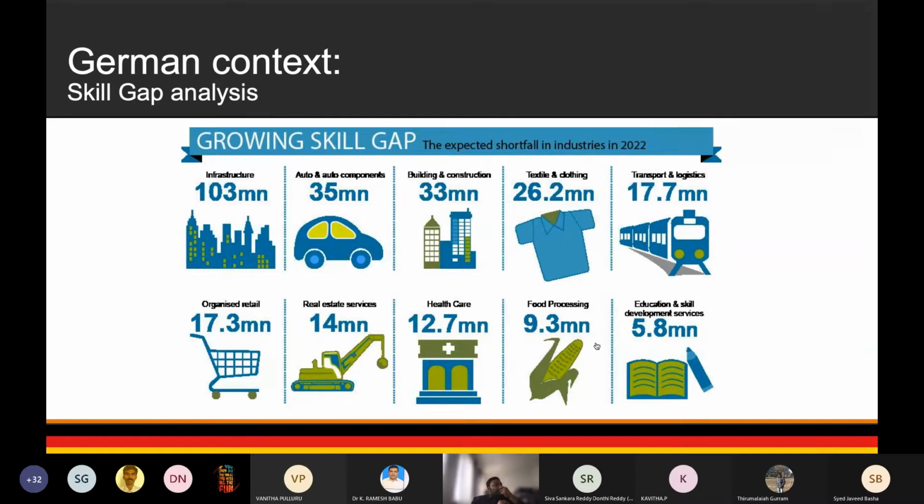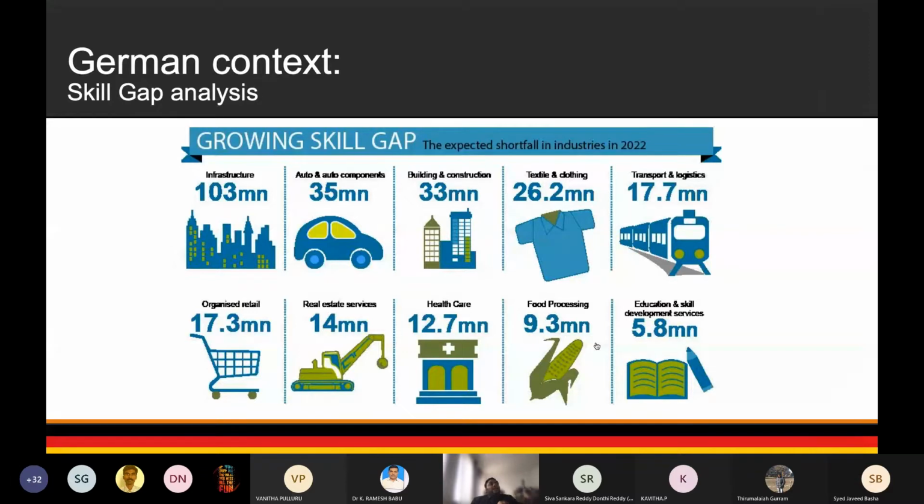One keyword in the title of today's talk is opportunities. There is an analysis done worldwide on this kind of skill analysis, and this is the slide I'm showing.